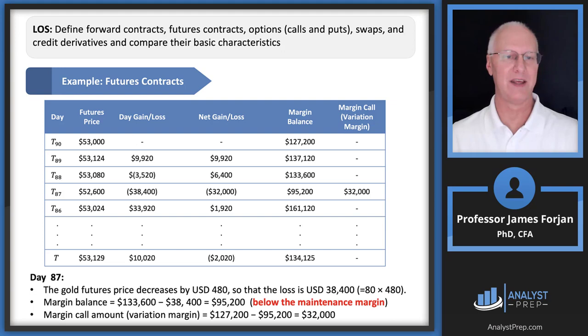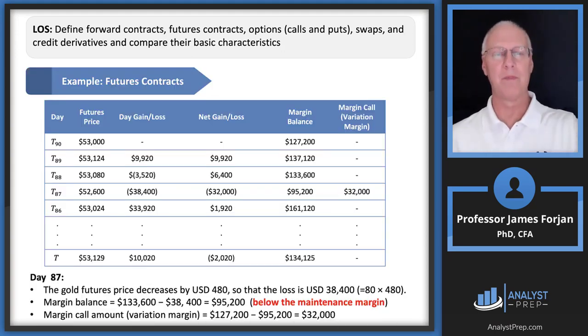If that said $53,000, if the price on the maturity date of the contract was $53,000, and that was the initial price, then our total net gain or loss would be $0. If it's higher than that, then we win because we had the long position. If it's lower than that, then we lose because then the short position would win.